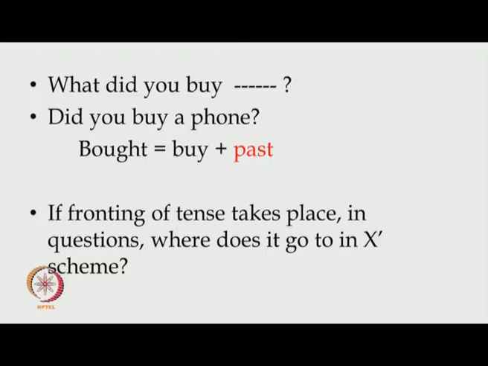For example, in this type of sentence where we have a verb like bought, we know that bought is past tense, but do we see any past tense marker on that? It looks like one word, right? And we know that this word contains a past tense marker.